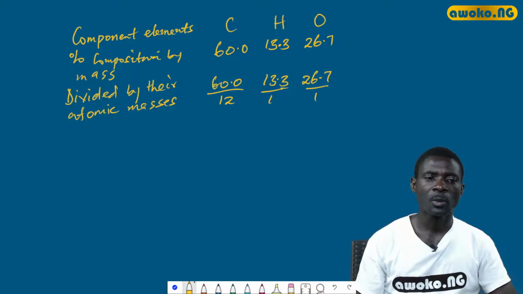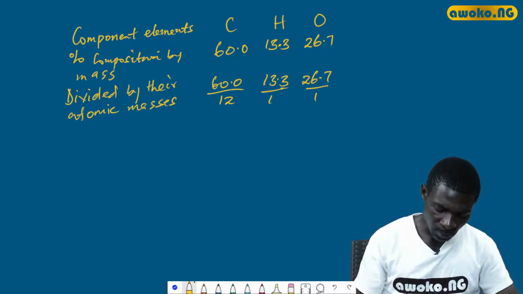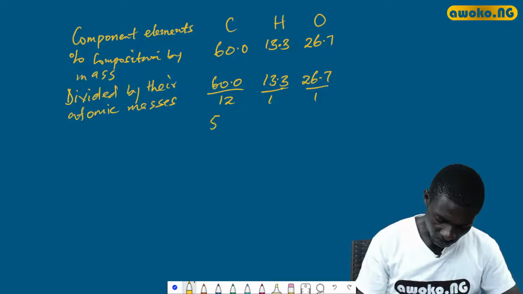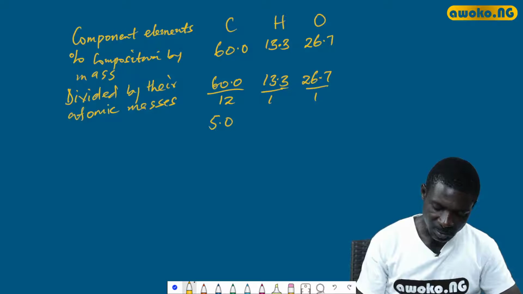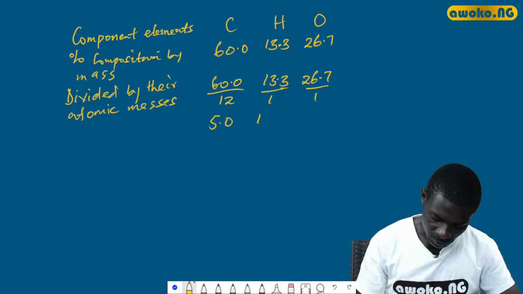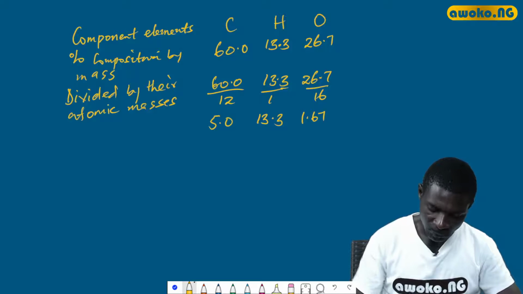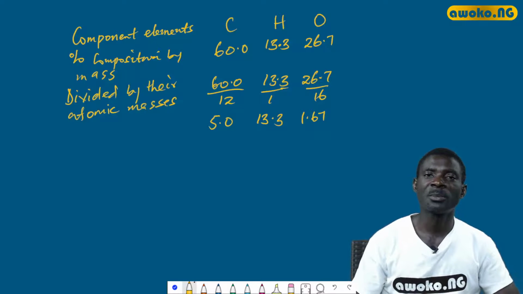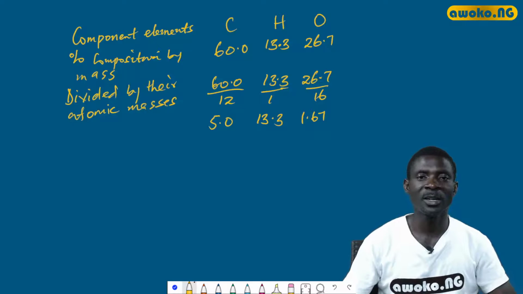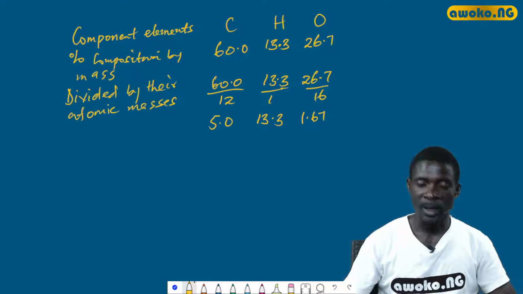Now by doing this, 60.0 divided by 12 gives us 5.0. 13.3 divided by 1 will give us 13.3. While 26.7 divided by 16 will give us 1.67. So these are the individual decimal values that we get by dividing the percentages by their atomic masses.